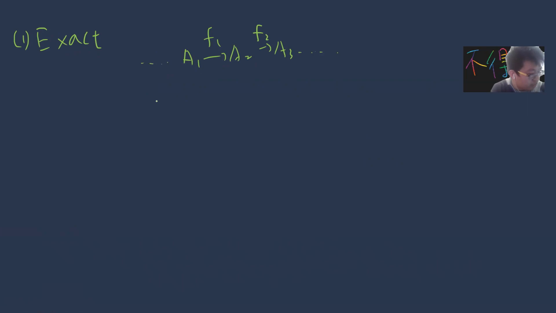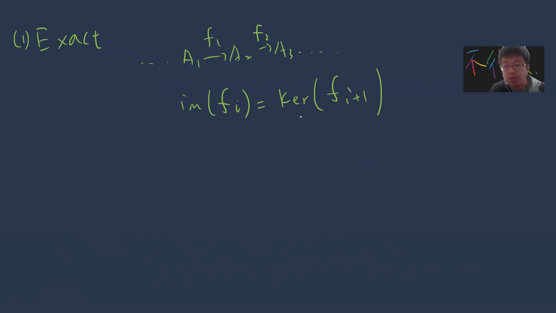You have these morphisms, then you can define exact sequence by just saying that the image is the kernel. This is okay because in the category, I already have kernel, I already have image, and I can say that they are the same.